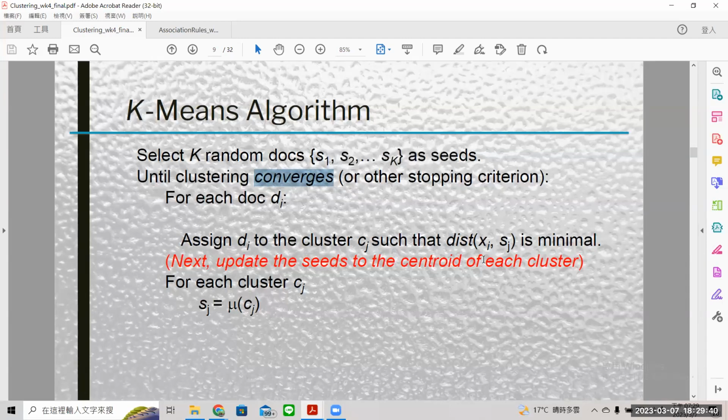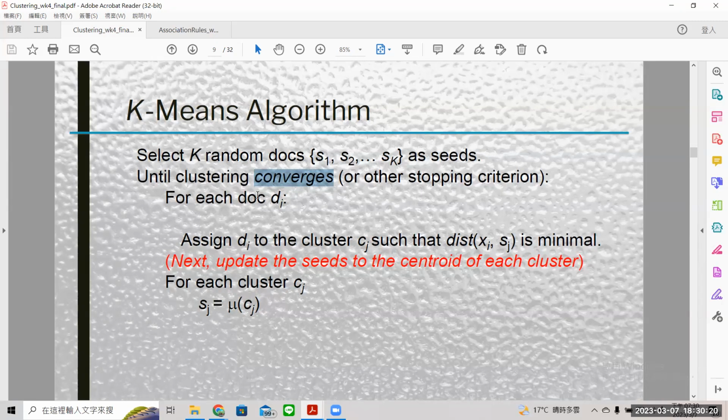For example, you can iterate until the number of iterations is reached, then you stop. Or you can check the error from the previous iteration to the current iteration, and see if the difference converges to a very small number like epsilon. You can set such criteria in your coding.